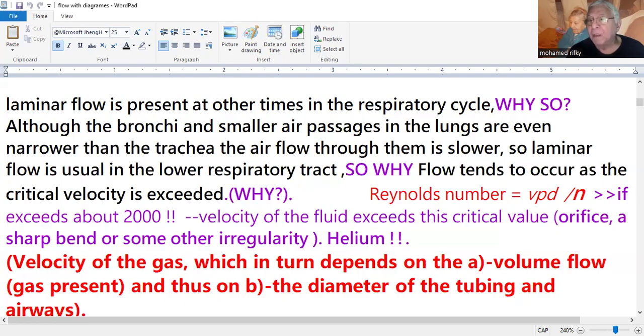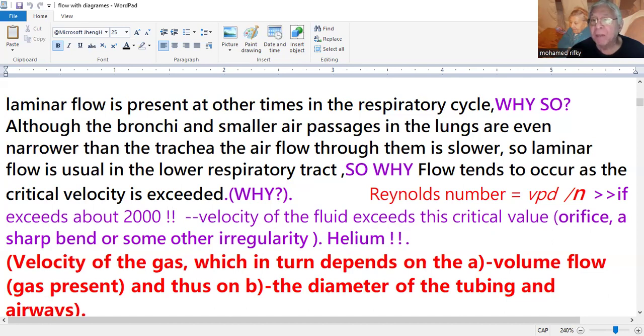Of course, the most important thing is to try to minimize the velocity, and velocity is correlated to flow and on the type of the gas and the diameter. All these are figures you ought to minimize to reach a laminar flow.